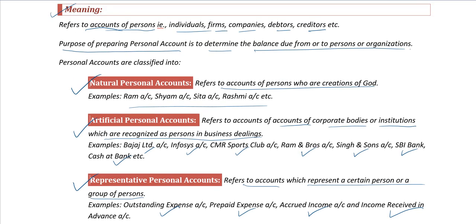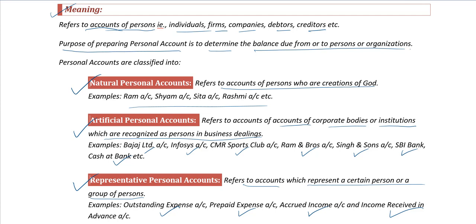Let's revise. Personal accounts refer to accounts of persons, individuals, firms, companies, debtors, creditors, etc. The purpose of preparing the personal account is to determine the balance which is due to or from the persons or organizations. Personal accounts may be natural personal accounts, that is creations of God: Ram, Shyam, Anita, Sunita, Advait.